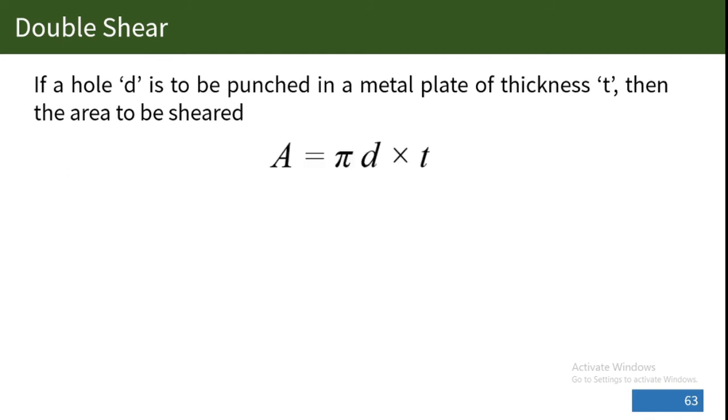So, in line with that, if a hole of diameter D is to be punched in a metal plate of thickness T, then the area to be sheared is equal to pi D times T. Okay.